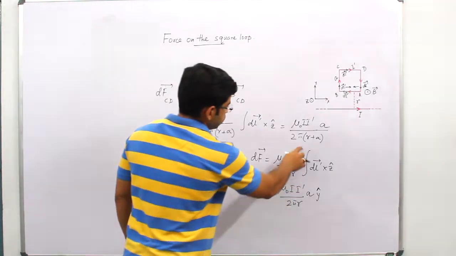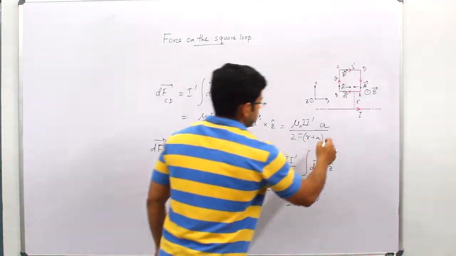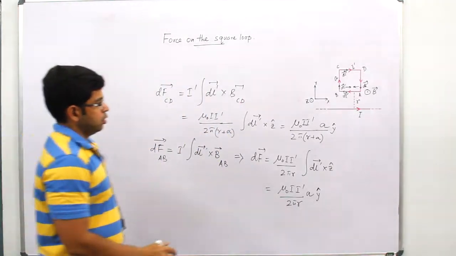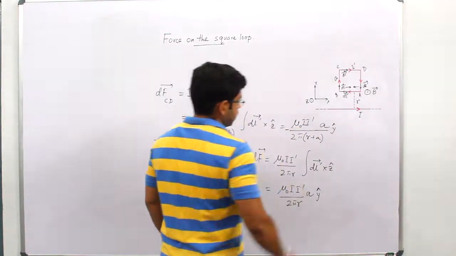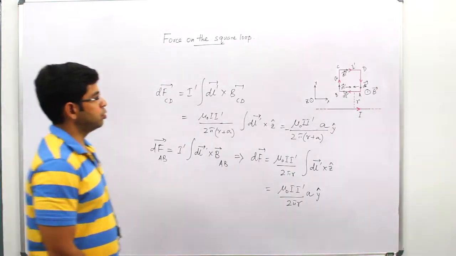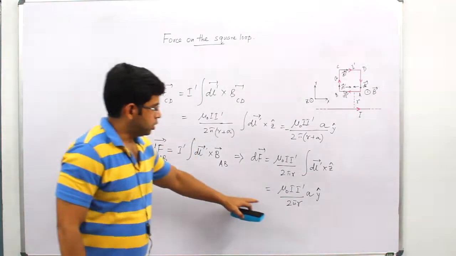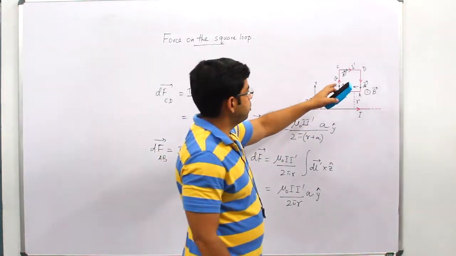So these are the two expressions. Here there will be unit vector y, actually it will be minus y unit vector since the force points along the negative y direction. So these are the two respective forces due to the arms AB and CD.